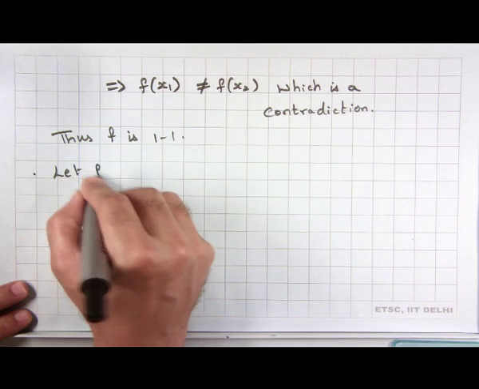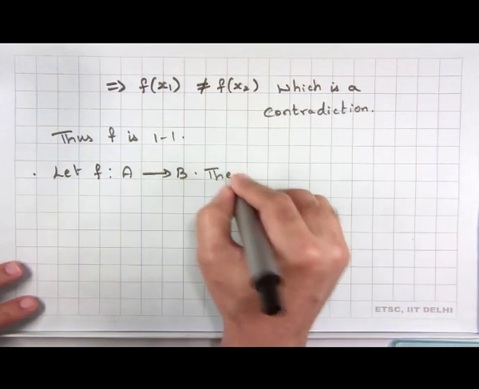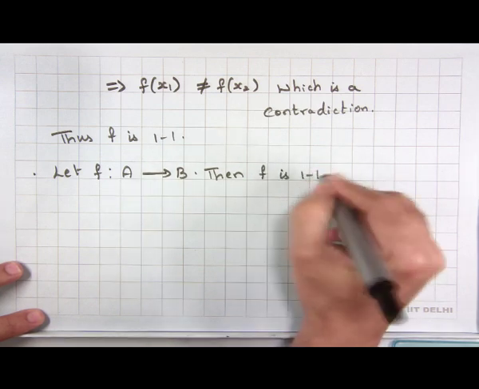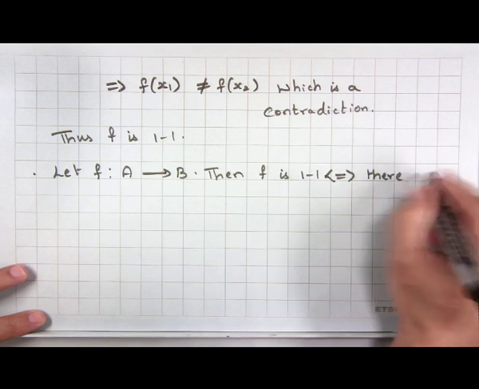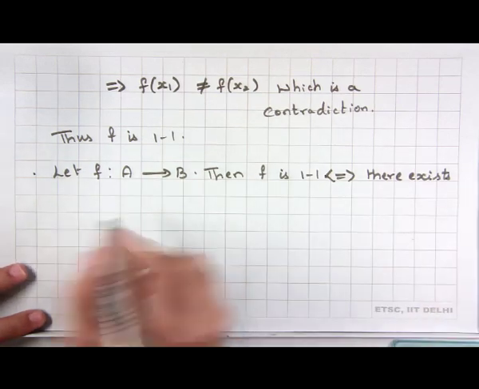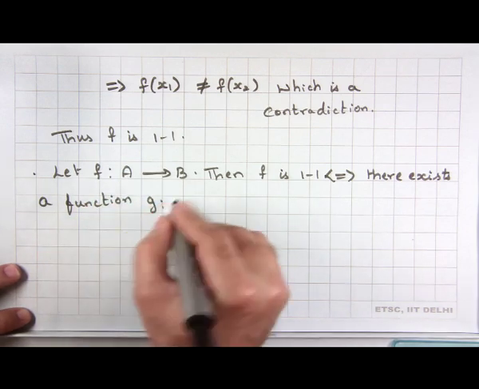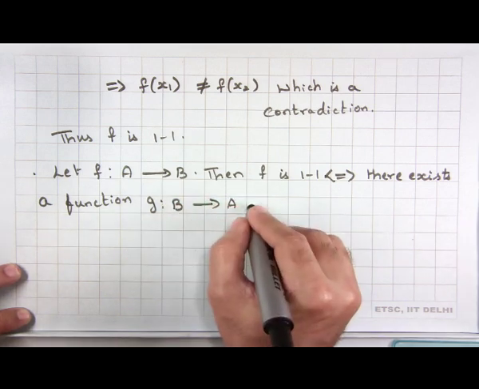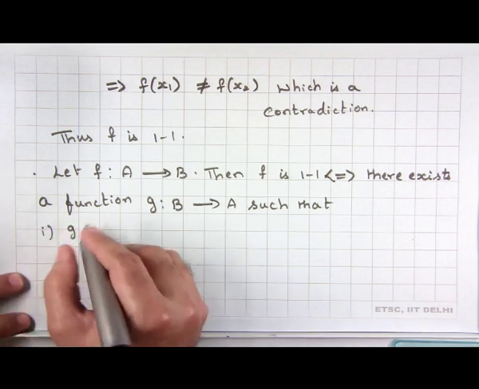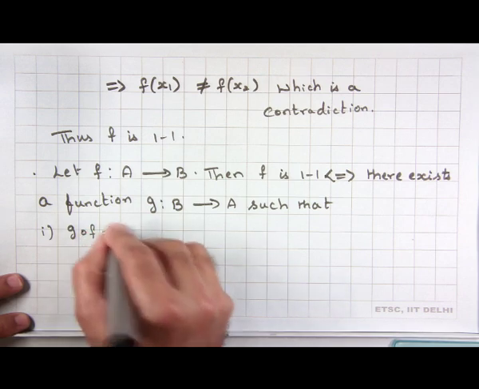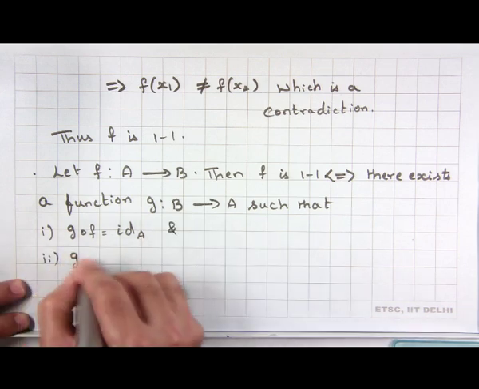Let f from A to B. Then f is 1-1 if and only if there exists a function g from B to A such that, first, g composed with f is just an identity function on A, and second, g is onto.